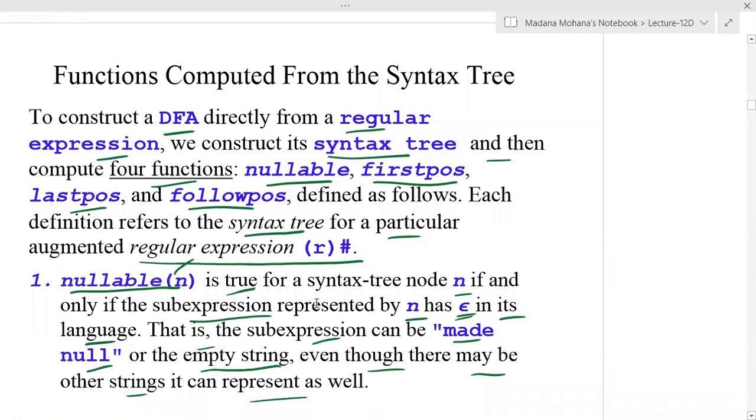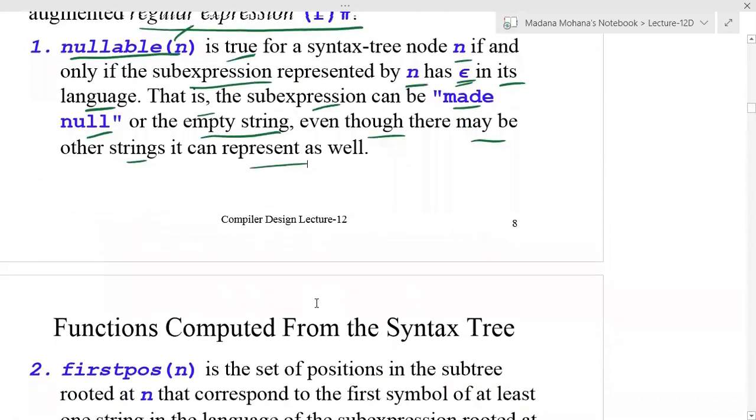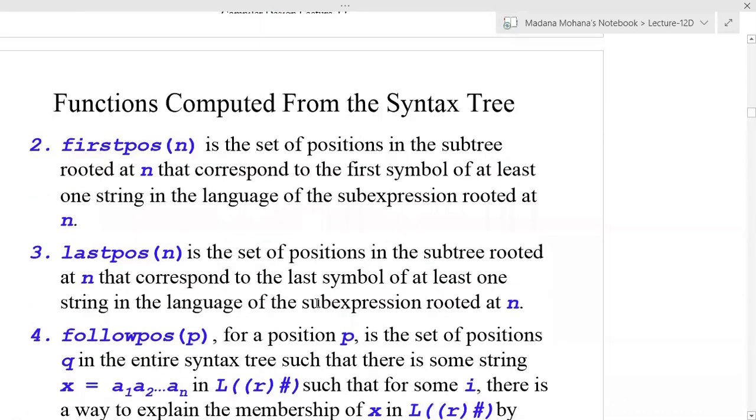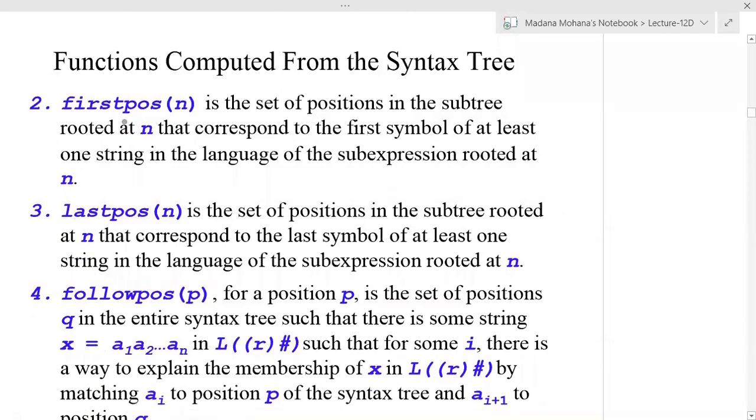Then the second function, first position of n, is the set of positions in the subtree rooted at node n that correspond to the first symbol of at least one string in the language of the subexpression rooted at node n.